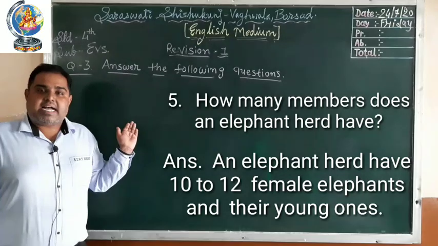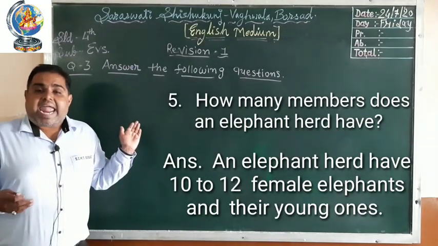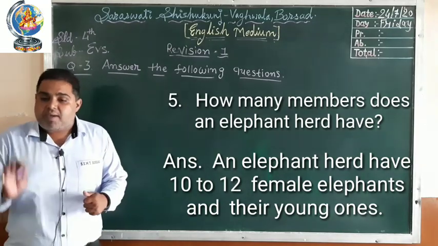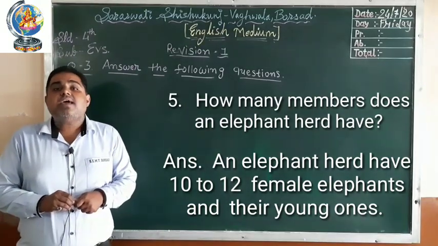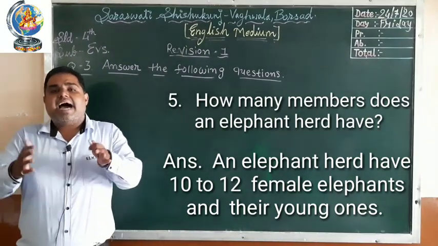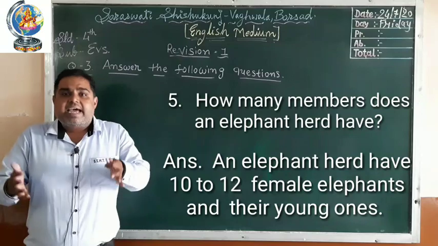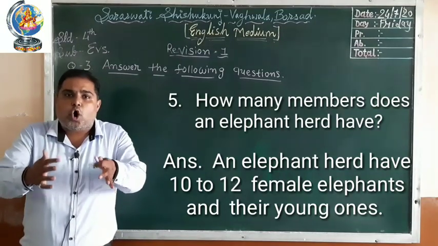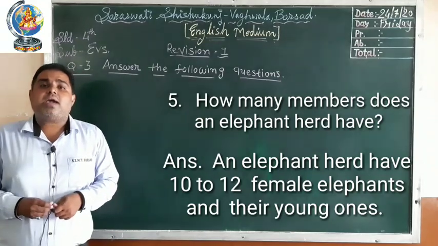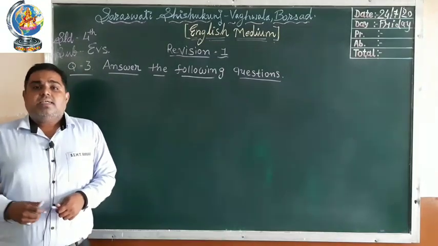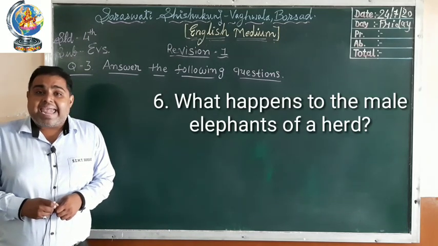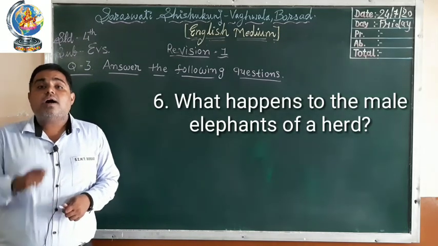Most of the elephants in the herd are female elephants and their young ones, and these animals make a herd. Sixth question: what happens to the male elephants of a herd?